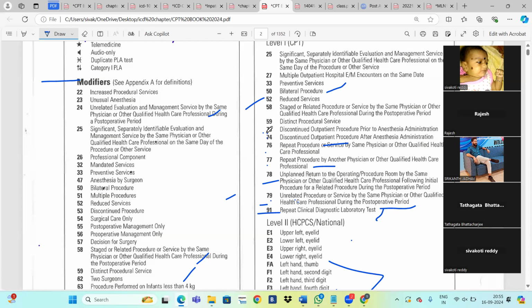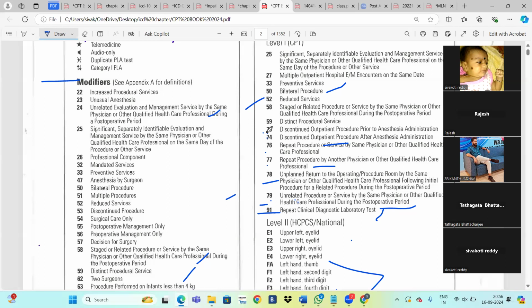But after anesthesia administration, suddenly the patient was not good due to the anesthesia. Suddenly hypothermia, hypotension, hypertension, tachycardia, bradycardia happened. Then the surgeon decided to stop the procedure due to the patient's condition.